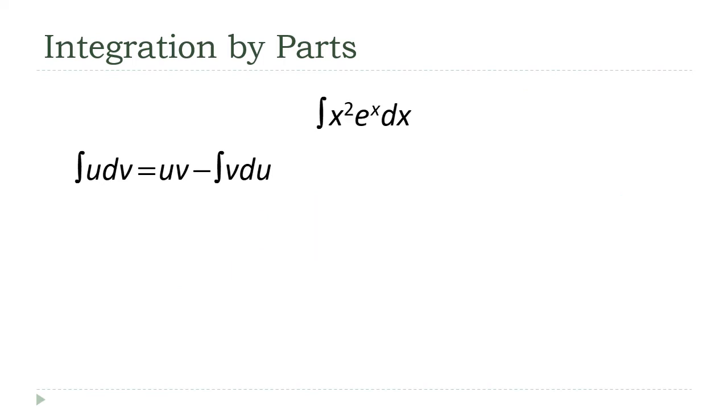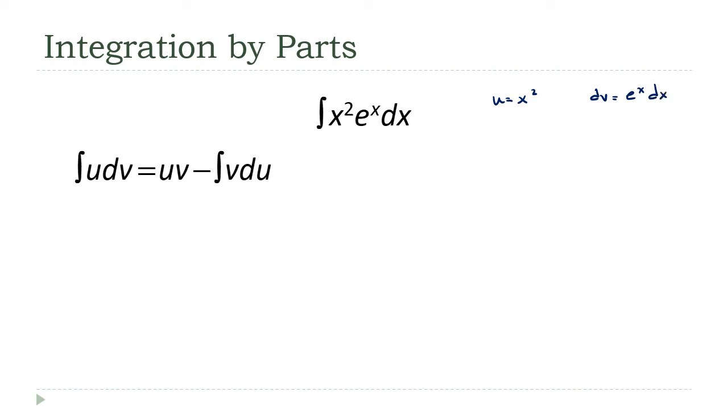All right, so how about this thing? How am I going to integrate this? Well, here's what I'm going to do. I'm going to let u equal x squared because I can differentiate that. And I'm going to let dv equal e to the x dx because I can integrate that.